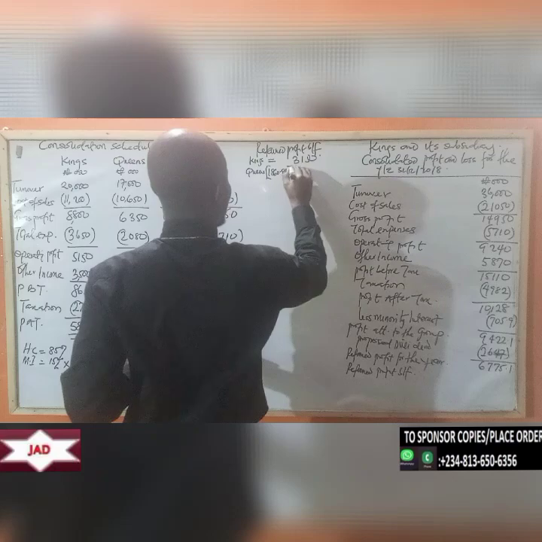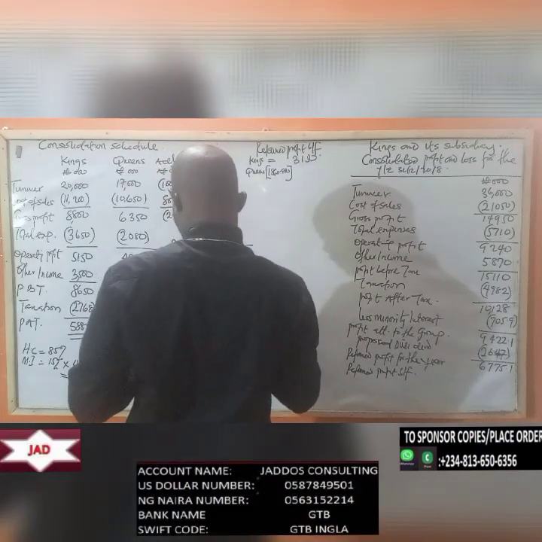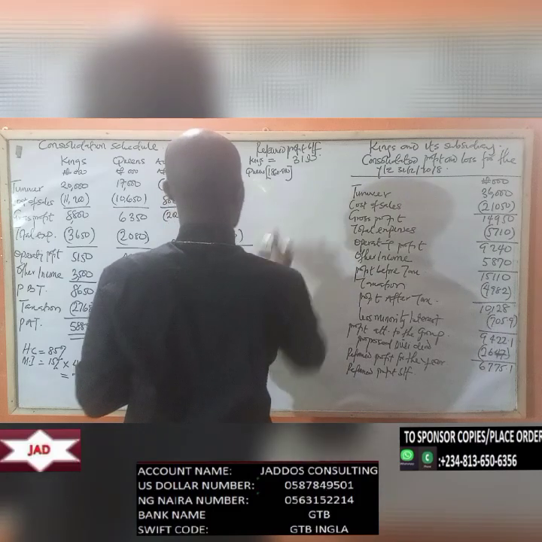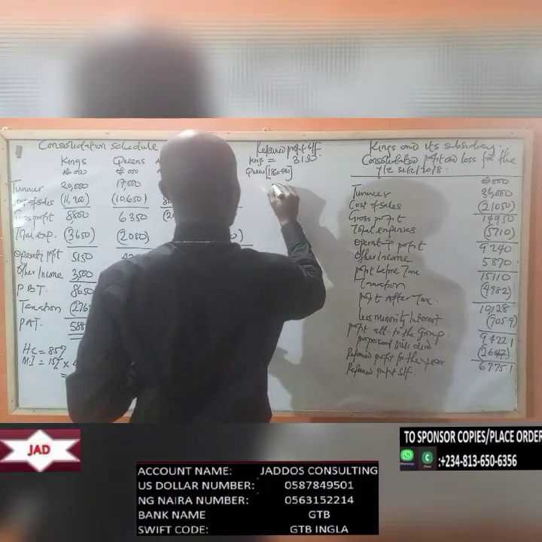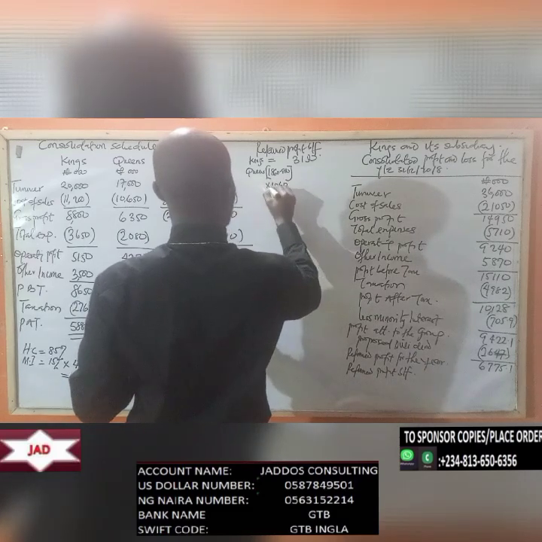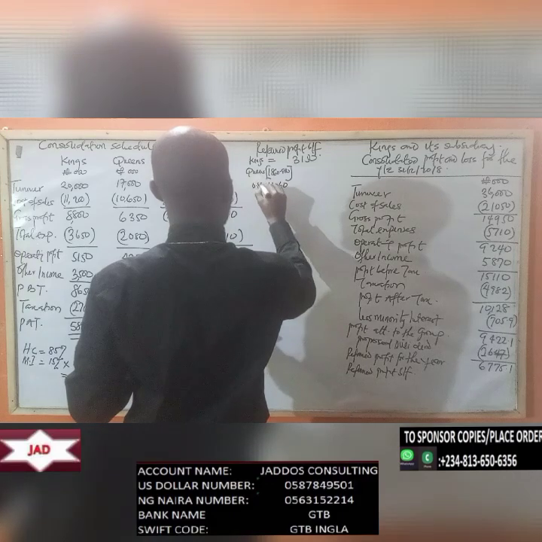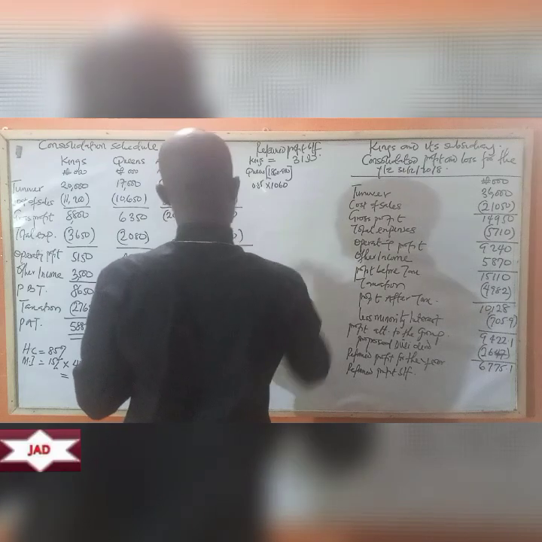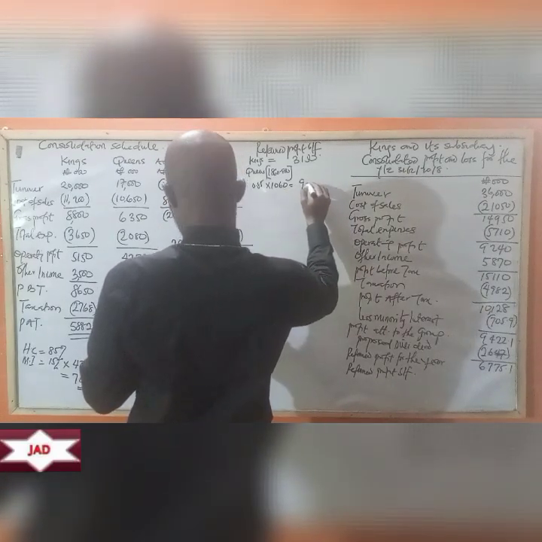So what do you have? 1060. That will be times 0.85. That will be 901.